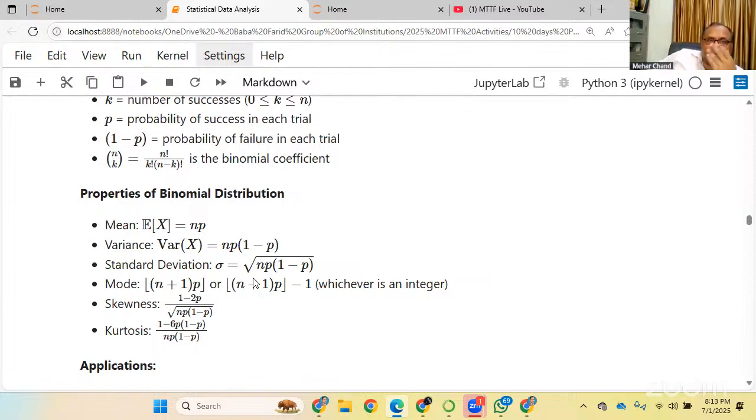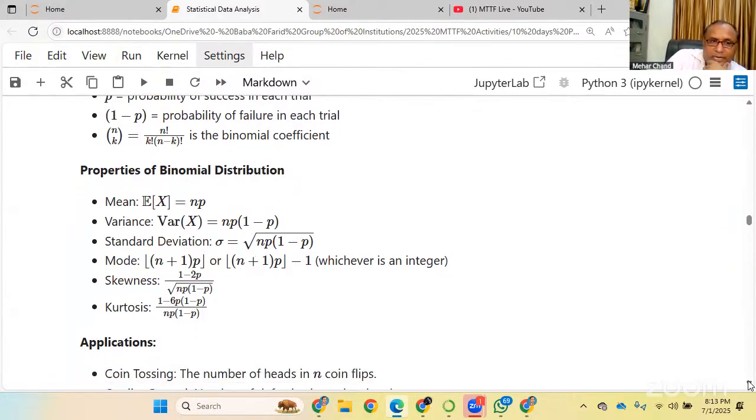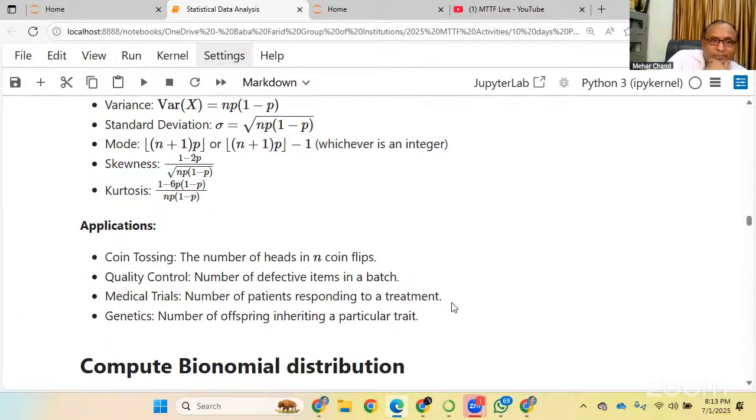These are also things we have to keep in mind, and these are the applications where we can apply it. Coin tossing: the number of heads in n coin flips.